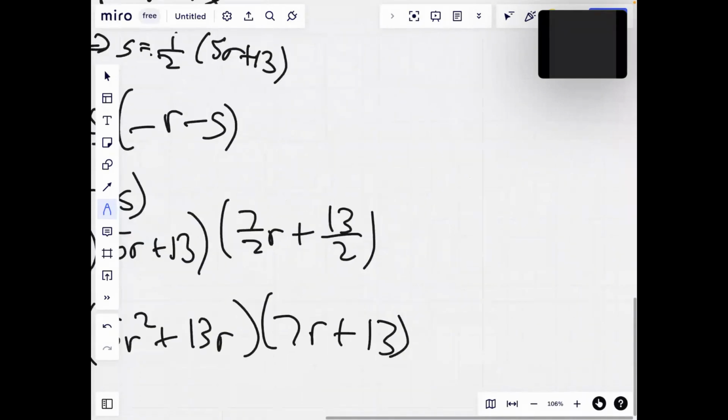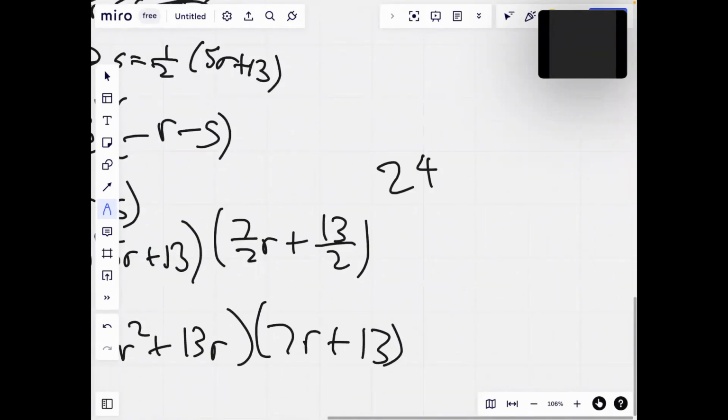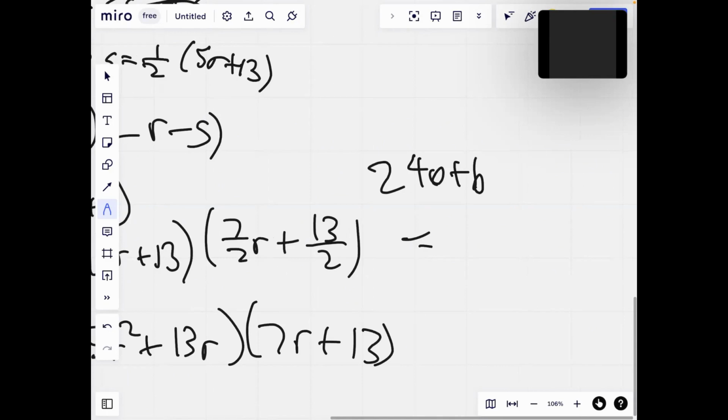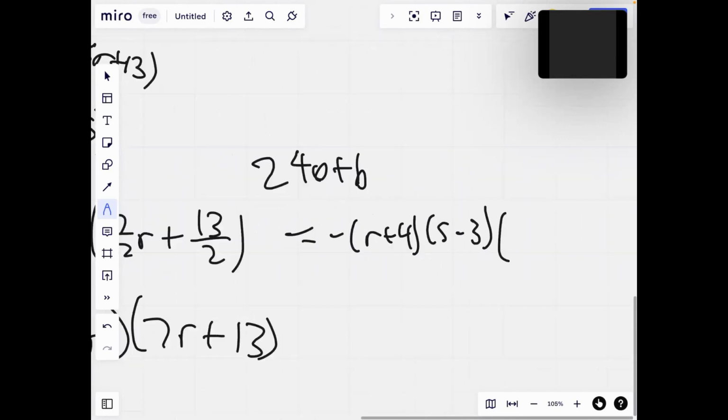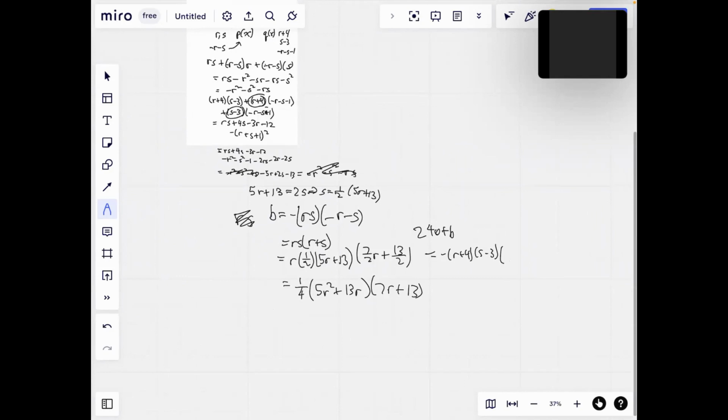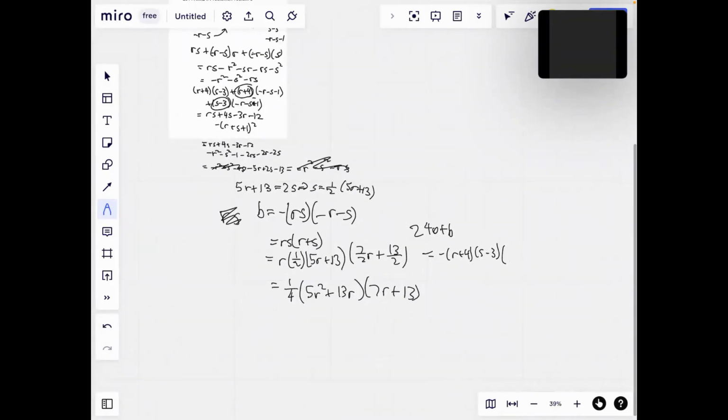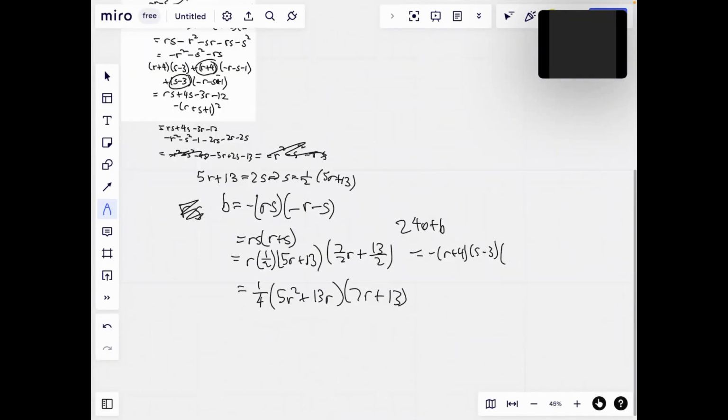And for 240 plus B, which is the constant of Q of X, this should equal negative R plus 4 times S minus 3 times negative R minus S minus 1.